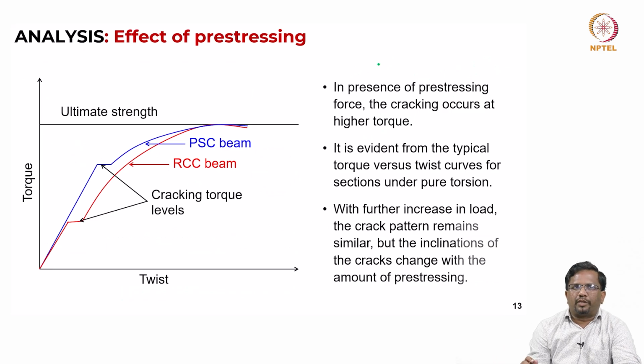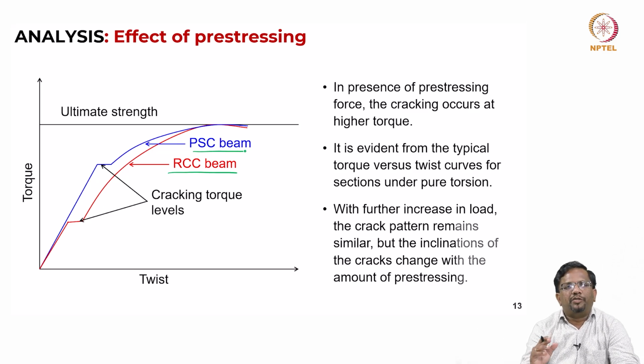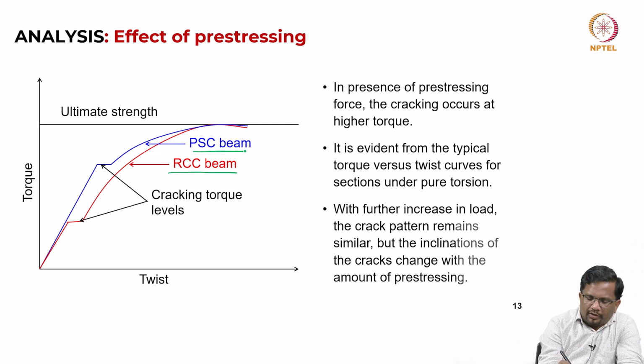Okay. Now, let us look at the effect of pre-stressing between an RCC beam and a pre-stressed concrete beam. The red curve you see here is for the RCC beam, that means without any pre-stress. You see that it is cracking at a lower T cracking for RC, and this is your T cracking for the pre-stressed concrete beam.